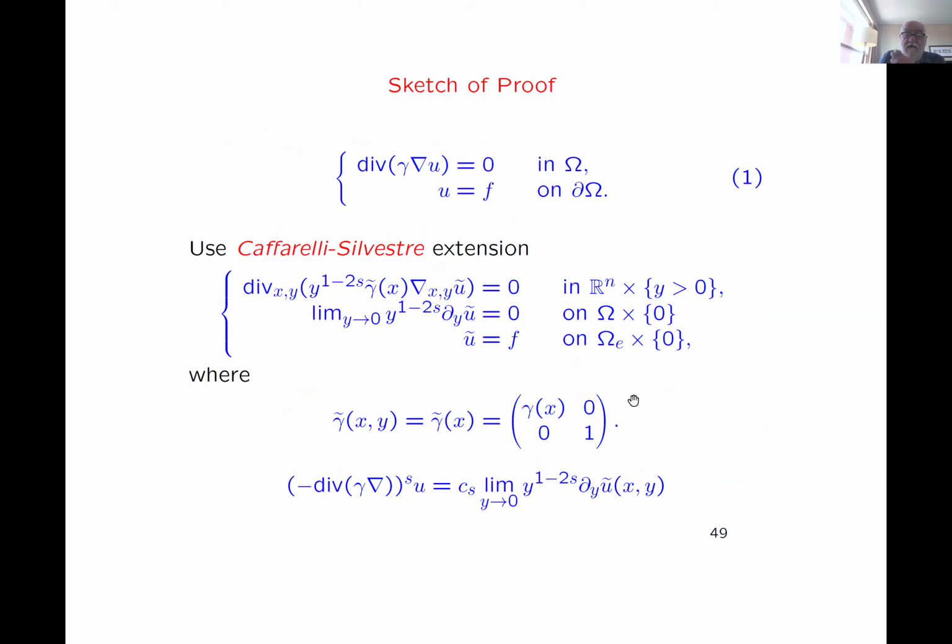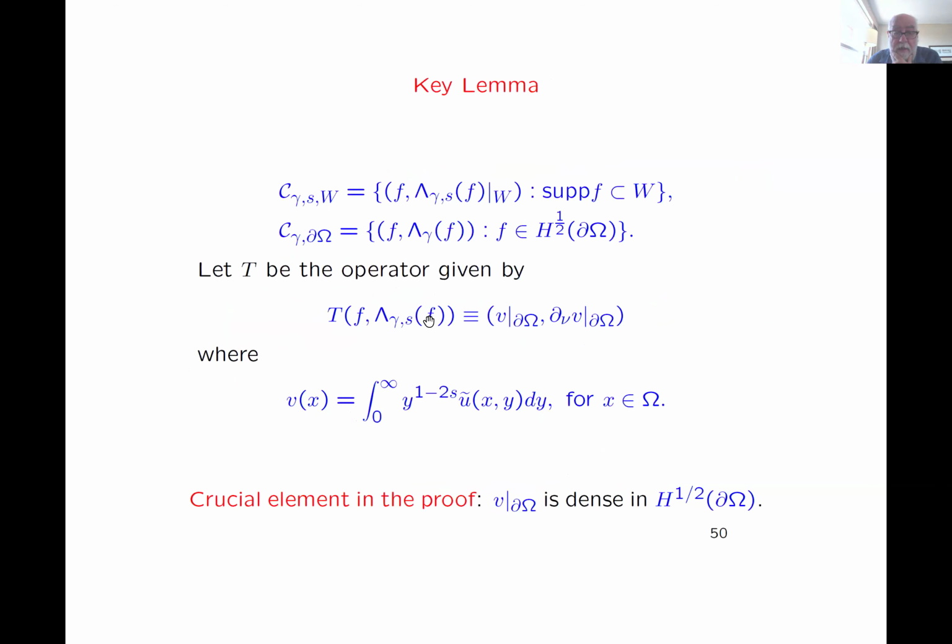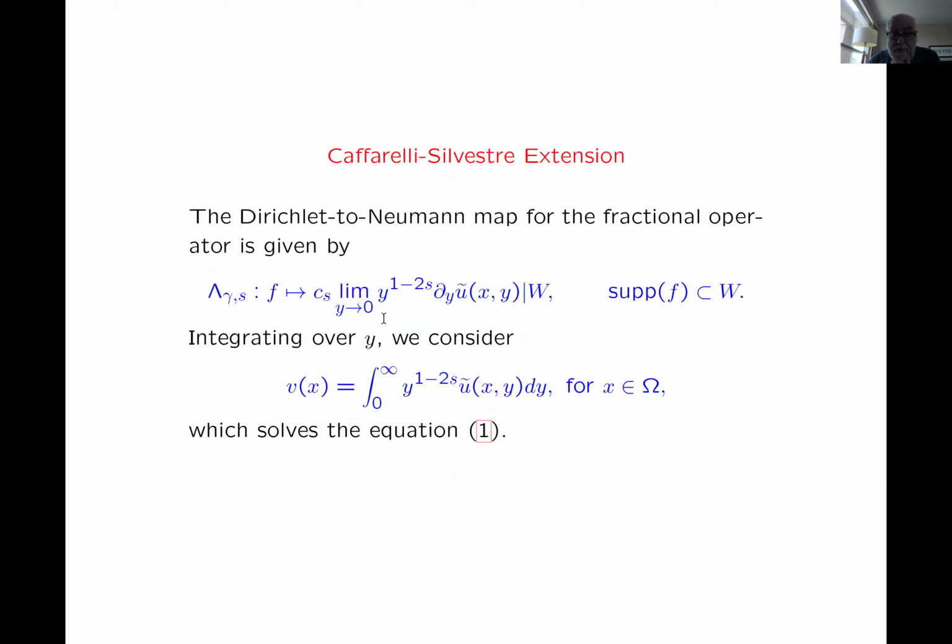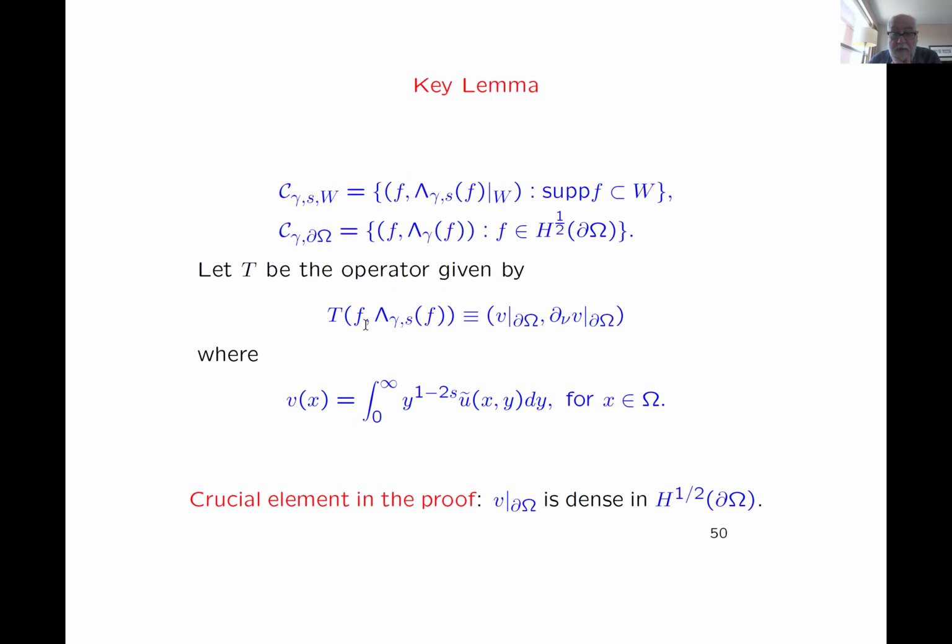And the idea of the proof is to use the Caffarelli-Silvestre extension again that I mentioned earlier. So this is the y^(1-2s) weight that I mentioned before. This is the Dirichlet-to-Neumann map for the fractional operator.